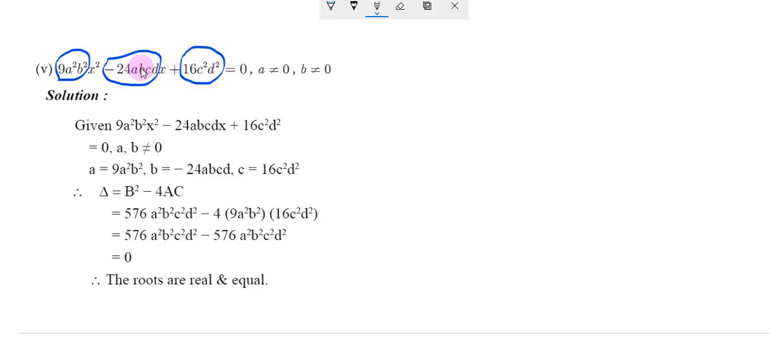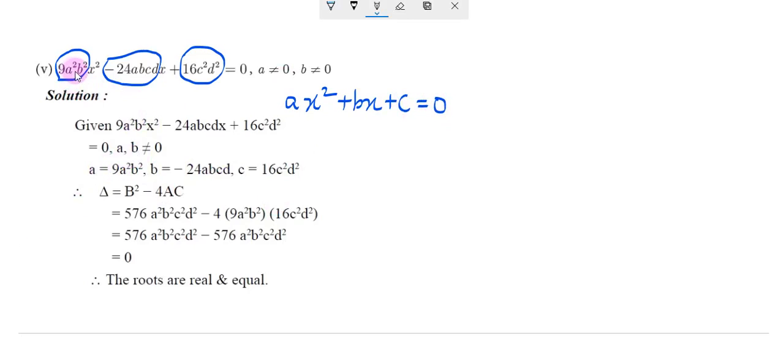Understood? Now equate the terms with ax square plus bx plus c equal to 0.